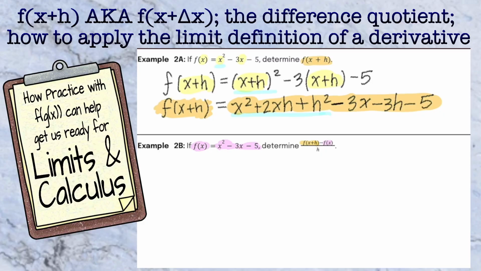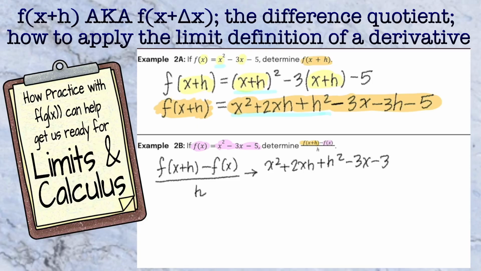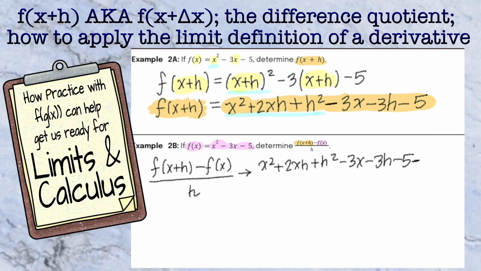So our difference quotient, f of x plus h minus f of x all over h, will equal x squared plus 2xh plus h squared minus 3x minus 3h minus 5 minus, oh boy, I'm just going to knock down this wall over here and make a little extra room.